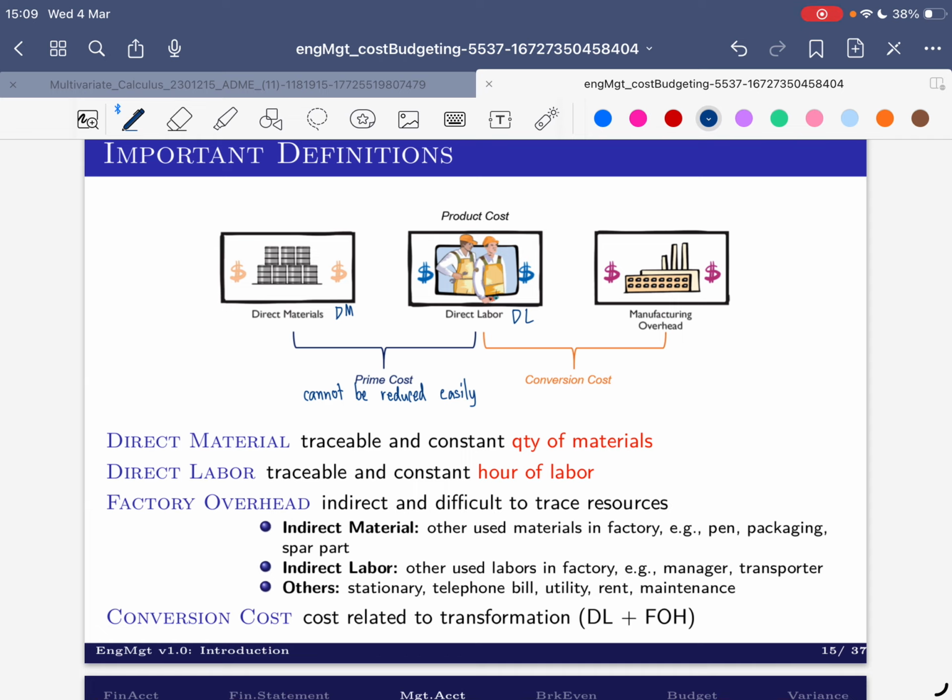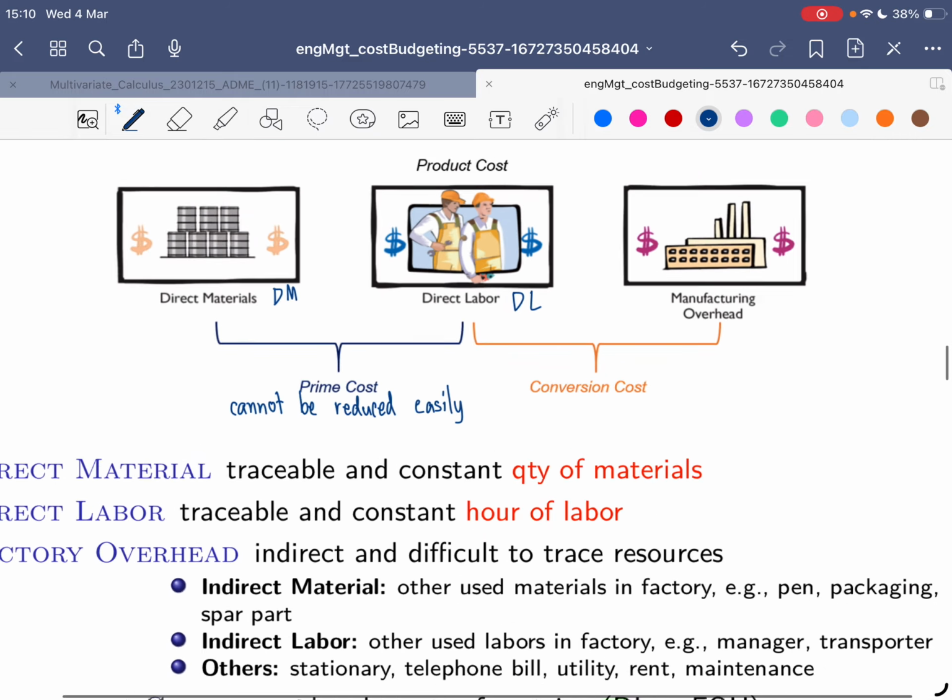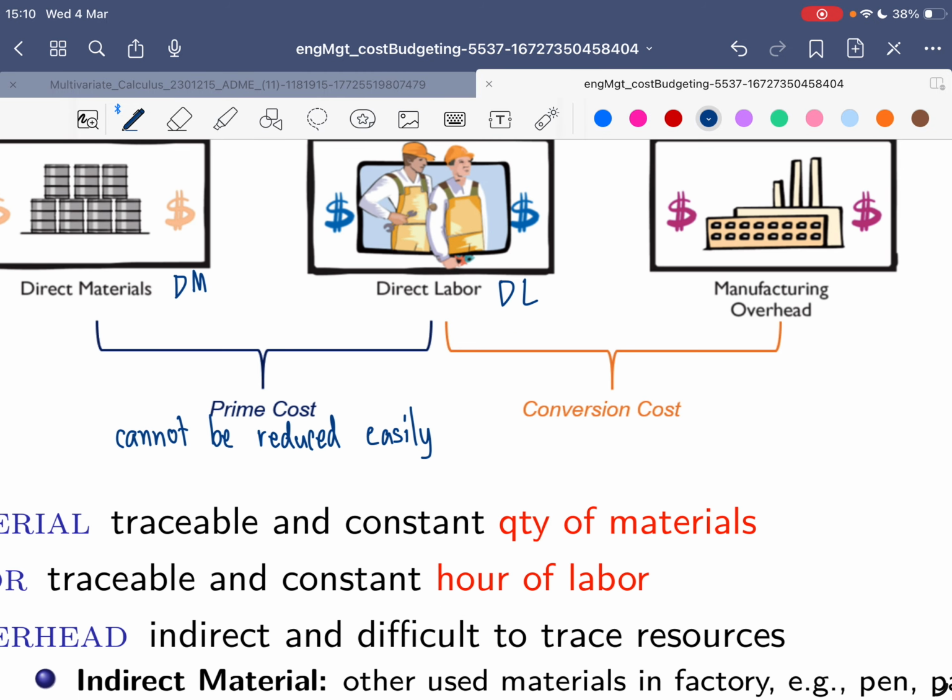Something that every product uses in common. And another part is, if you combine direct labor and factory overhead together, we call this conversion cost. This is the cost that we transfer from raw material into finished good.